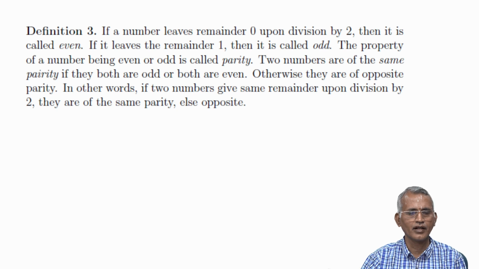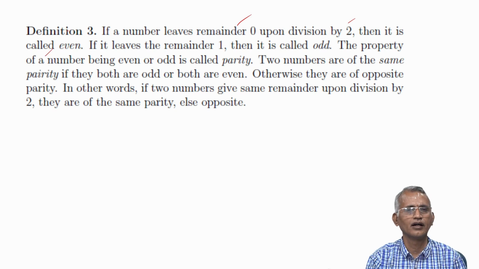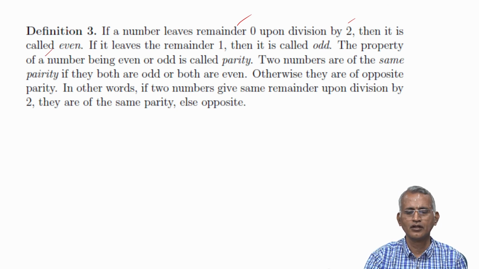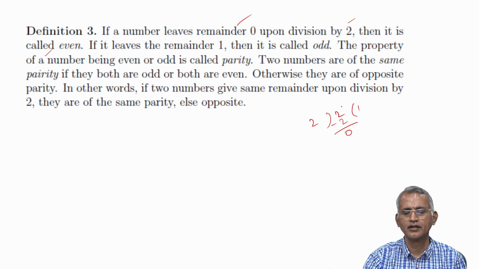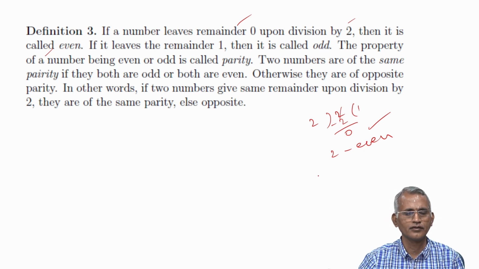Next definition: if a number leaves a remainder 0 upon division by 2, then it is called even. You take 2 divided by 2, the remainder is 0, therefore 2 is an even number. Like that you take 4, 6, 8 and so on.